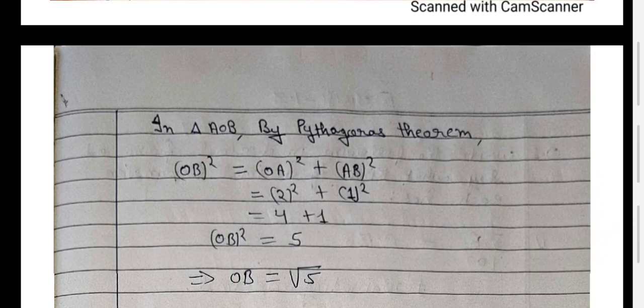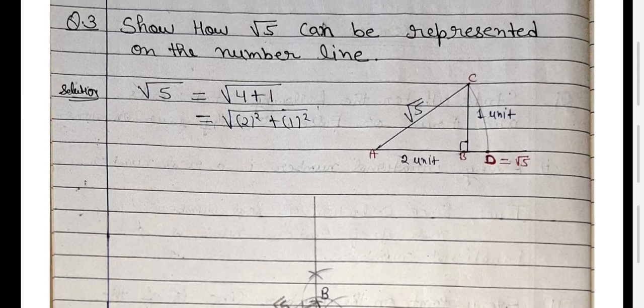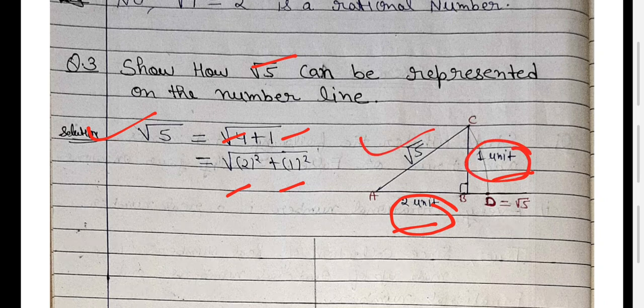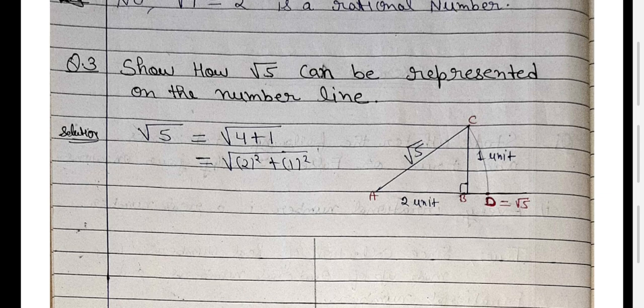Now once again, this is the explanation part in detail. Now come to the question. The question is: show that under root 5 can be represented on a number line. So I write under root 5, it means 4 plus 1, 4 means 2 square plus 1 square. So I am writing 2 unit and 1 unit. When you apply the Pythagoras theorem, it becomes 2 square and 1 square, which means the hypotenuse becomes under root 5. Now suppose this value A to C is under root 5.